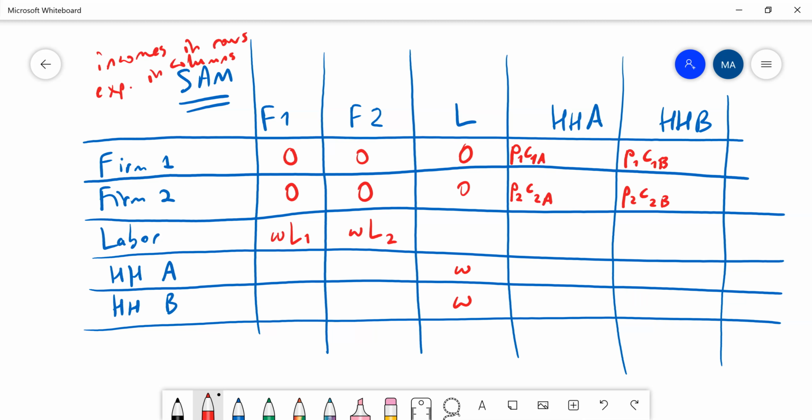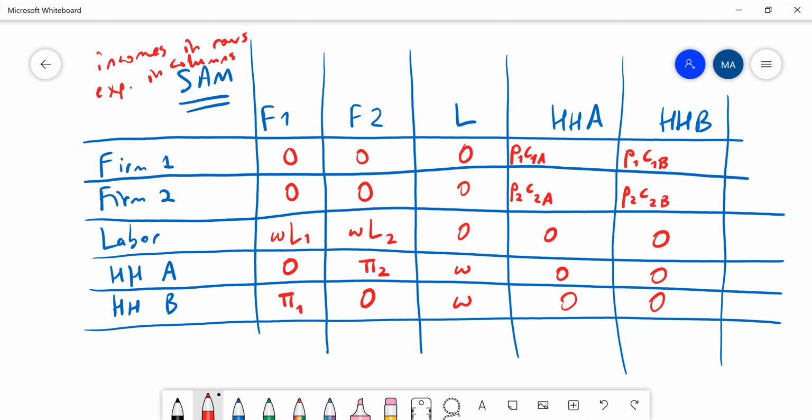So consumers do not obtain any income from themselves, but consumer A is the owner of firm 2, right? So the profit 2 is here, and consumer B is the owner of firm 1, so profit 1 is here. And then the rest is, of course, 0. Okay?